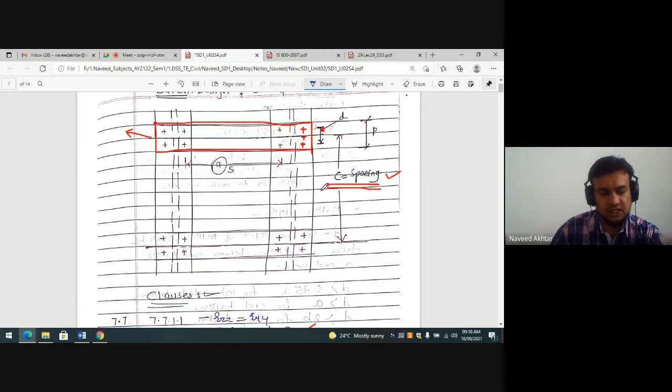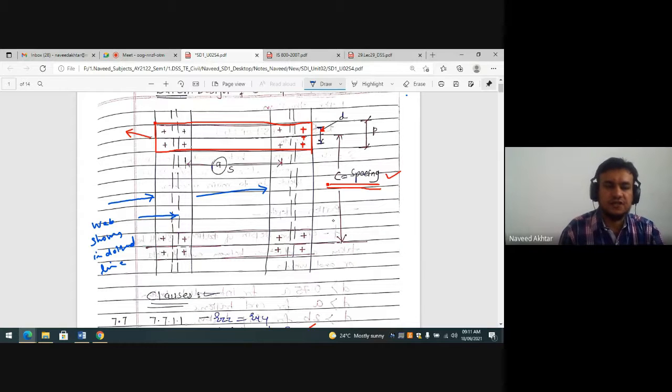You can see here in the figure that the two main columns are there. These are two I sections, because the web is in between, shown by the dotted line. That's why I say it's an I section.